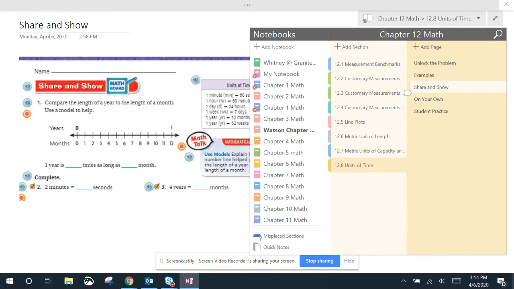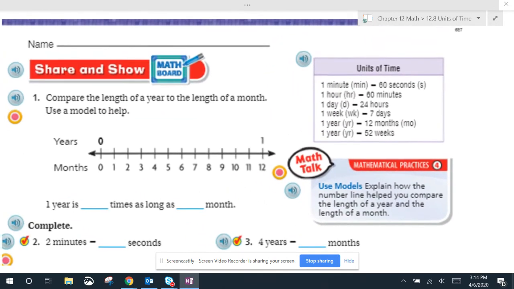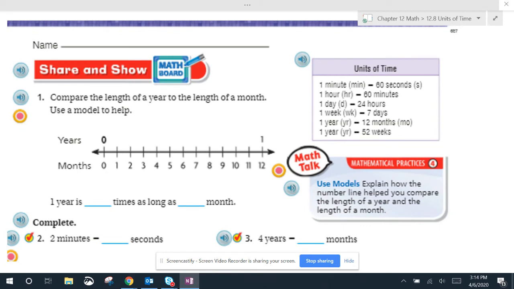Okay, let's go ahead and move on to our share and show. Now we're going to do number 1 together because it's going to be another one where we look at new units of time. We're going to be comparing the length of a year to the length of a month and use the model to help. Well, if I look over here, this units of time table is very helpful. So I know that there are 12 months in a year.